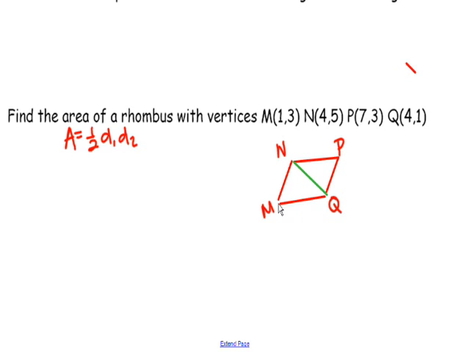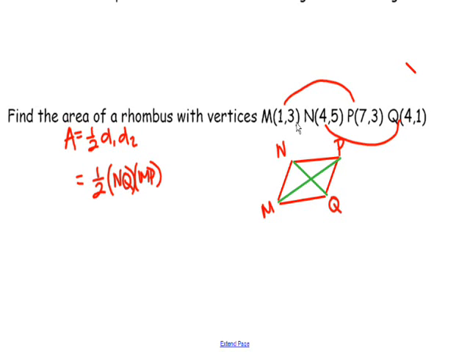So NQ is a diagonal and MP is a diagonal. So if I were to write this as an expression, I would write 1/2 NQ times MP. So what I really need to know is the distance from M to P and the distance from N to Q.